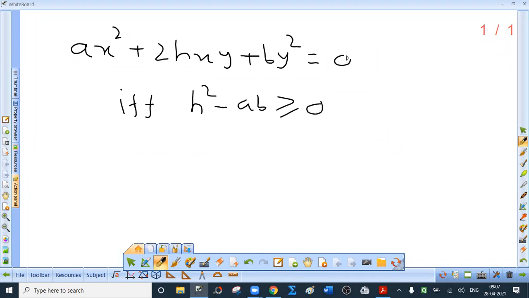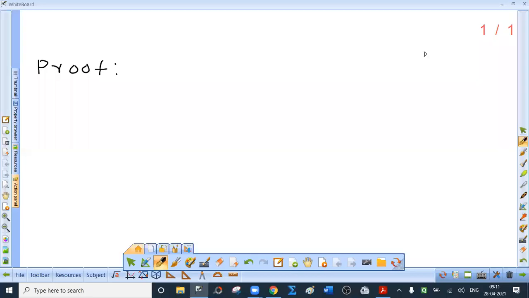I will repeat the statement. This equation represents pair of lines through origin if and only if h square minus ab is greater than or equal to 0. So we are going to discuss the proof of which theorem? That equation ax square plus 2hxy plus by square equal to 0 represents a pair of lines through origin if h square minus ab is greater than or equal to 0.